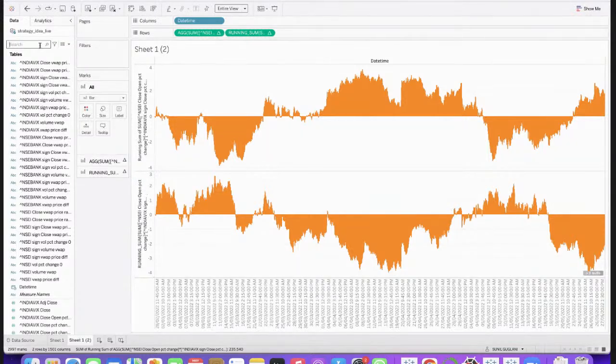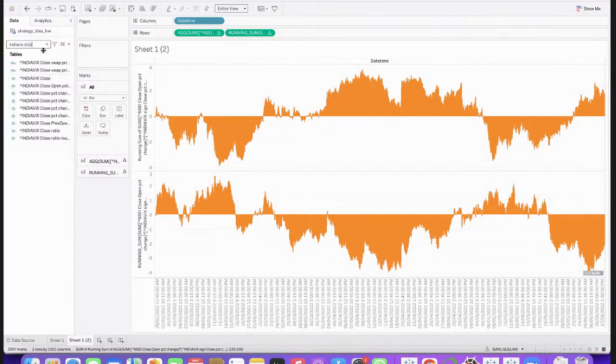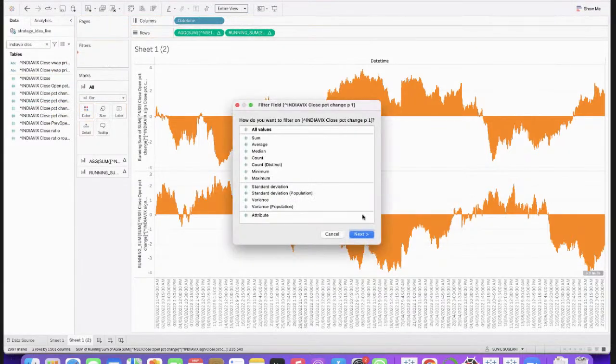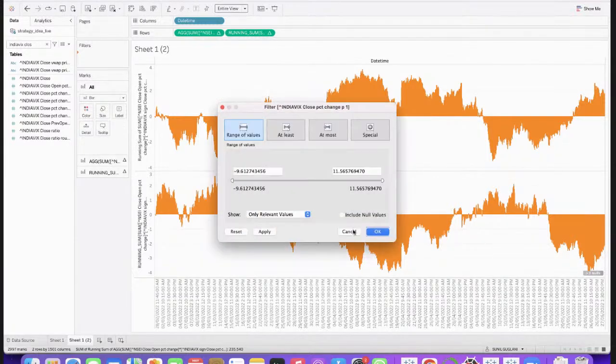Okay. So what I will do, I'll just check a few other parameters which I have created there. Let us see whether it works only in the downtrend direction or not.